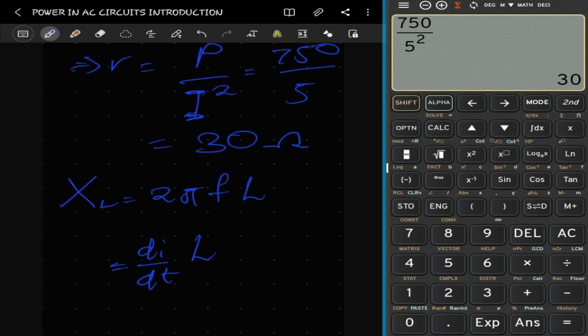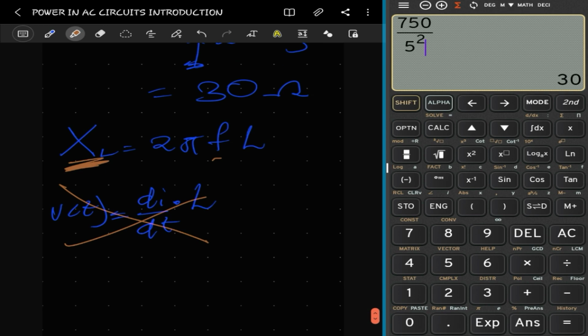But because we're not given the time function of the voltage or the current, we are not going to use this one. At some point we will use that, but this is the one you're going to use. We need XL, and we can find L directly. XL we can get from Z, which we've already found.